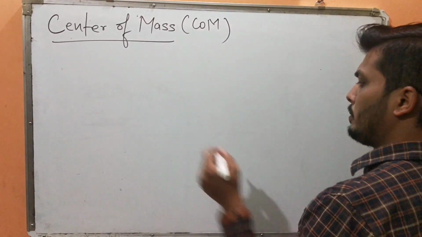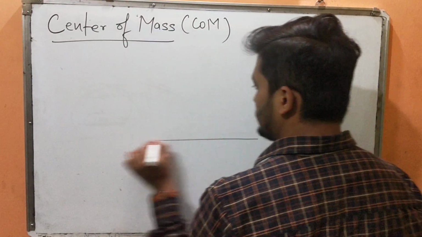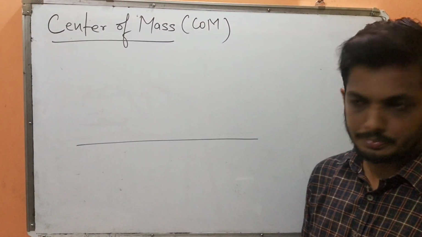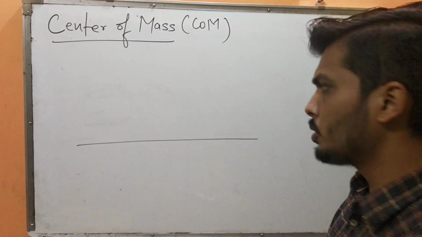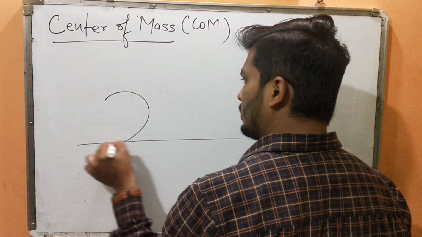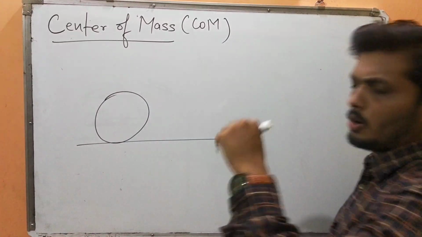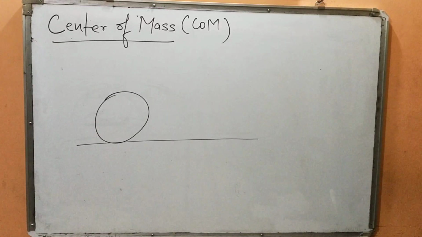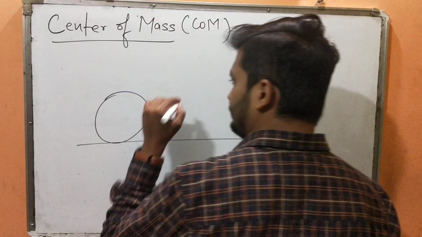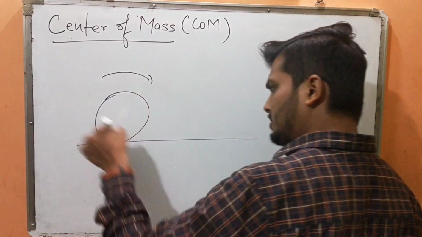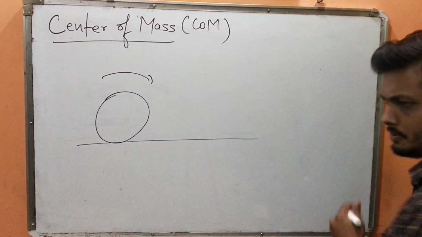If you remember, in the previous class I had given you an example of rotational motion. If we just throw a ball on the floor, the ball will roll, and that rolling is again called rotational motion. Assume there was a ball, rotating in this direction as well as traveling here.